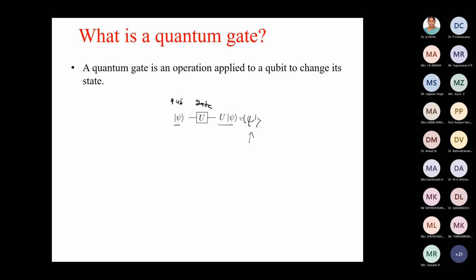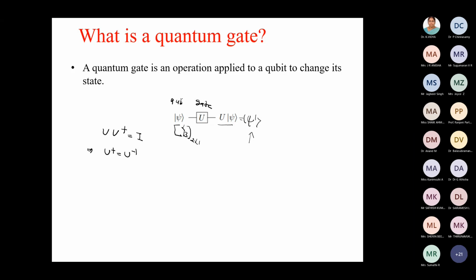And in quantum, every quantum gate is reversible. So this U gate is there, and U dagger is an operator such that U dagger U is identity. U dagger is basically U inverse. I'm writing this as a matrix. You remember the single qubit can be written as alpha, beta, a 2 cross 1 vector.